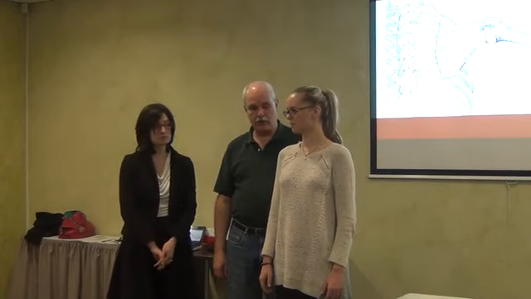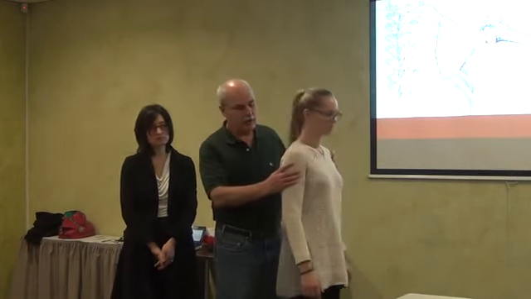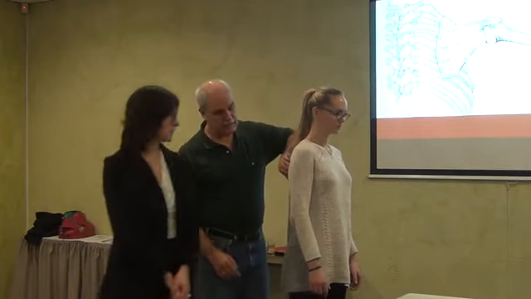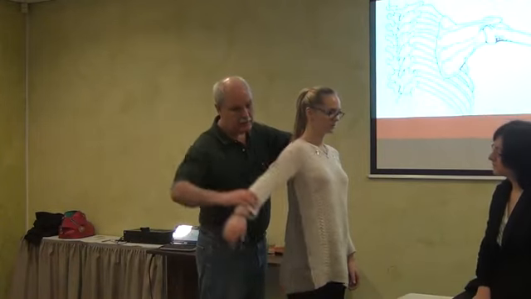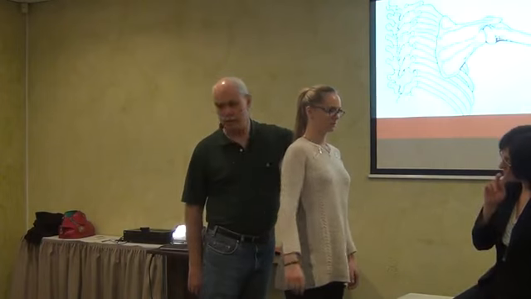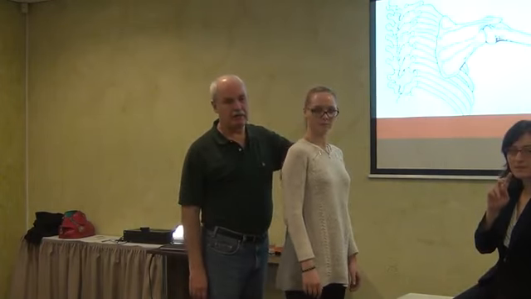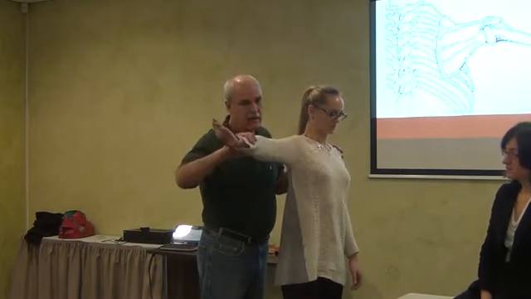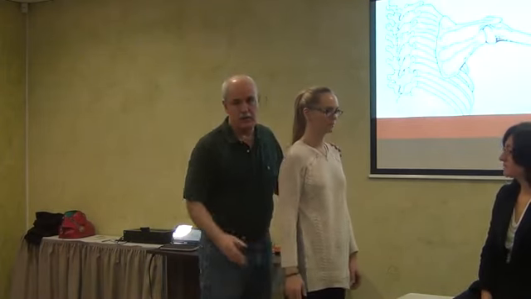I'm going to compress the teres minor. Right the shoulder. Now it's strong. Now the muscle strengthens. If I rub the teres minor, it doesn't work. What is the problem?